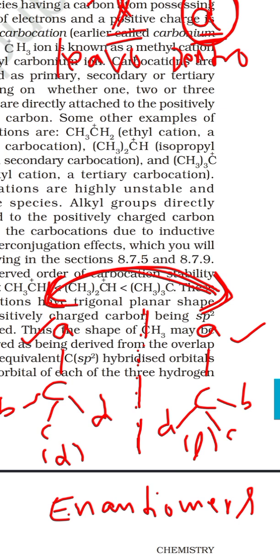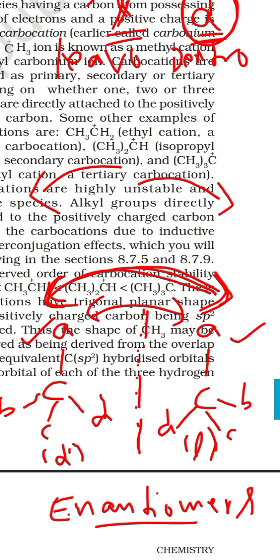So this is the dextroisomer, this is the levoisomer. In this phenomenon, both optical isomers rotate plane polarized light: if one isomer rotates it in the right hand direction, that means clockwise, its mirror image rotates it anti-clockwise. This phenomenon is called optical isomerism, and these two isomers are called enantiomers or optical isomers.